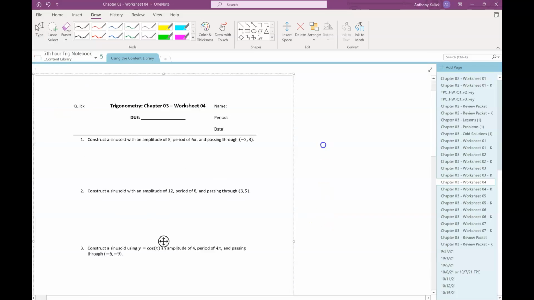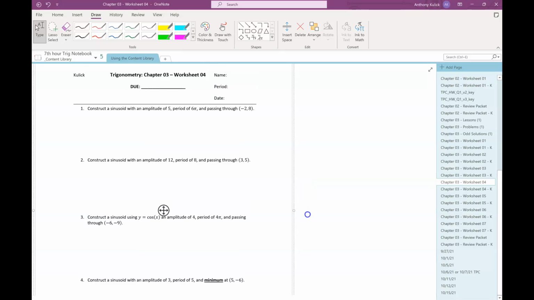Yeah. The trick here is for like 1, 2, 3, where you're not told anything about the points. What should you do? You use sine. So you can make all of them with cosine, it's not wrong. You're just not doing it the easiest way. It's not that much more difficult, but it's a little bit more.